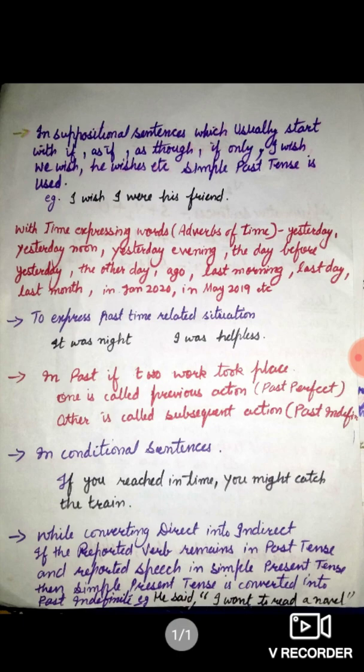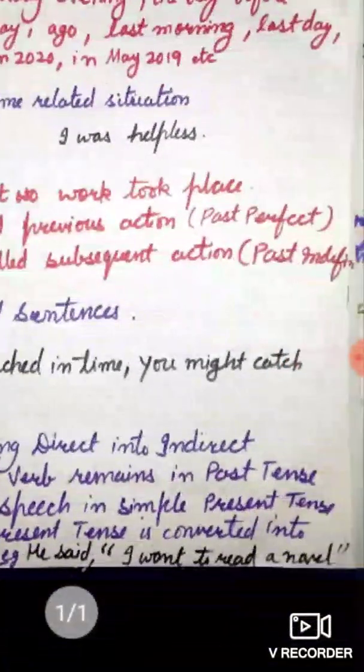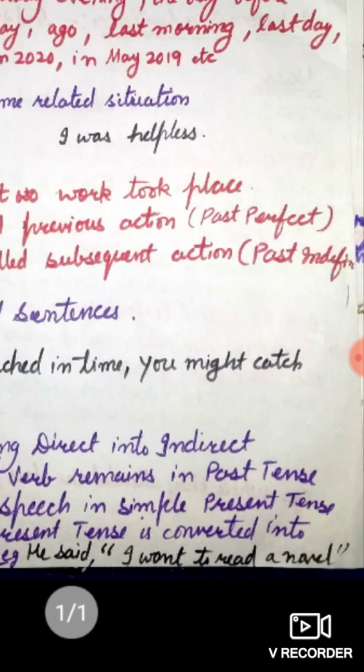Thereafter, other changes take place. In reported speech, if the reported verb is in past tense and reported speech in simple present tense, then simple present tense is converted into simple past tense or past indefinite. As you can see in the example, he said, I want to read a novel.